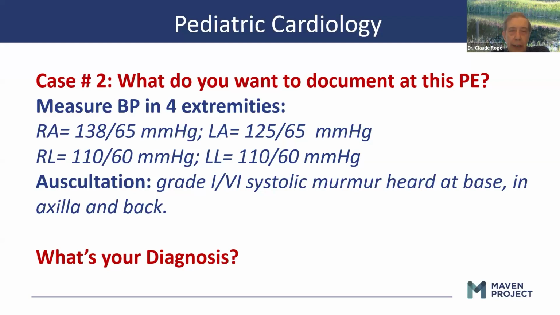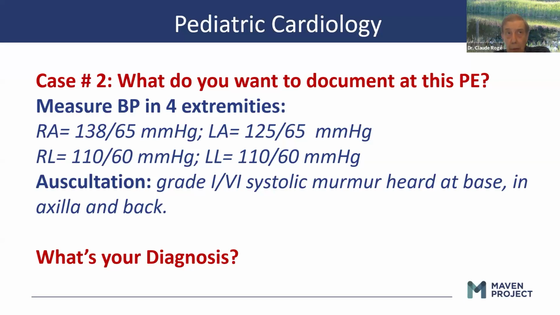But also what I recommend is you take the blood pressure in 4 extremities, or at least in both arms, because there is sometimes an abnormal connection of the subclavian artery, and you will have a very strong pulse and hypertension on the right arm, and a very weak pulse and normal blood pressure in the left arm. So then you would take the blood pressure in the right arm and in the leg, and you would get a comparison.